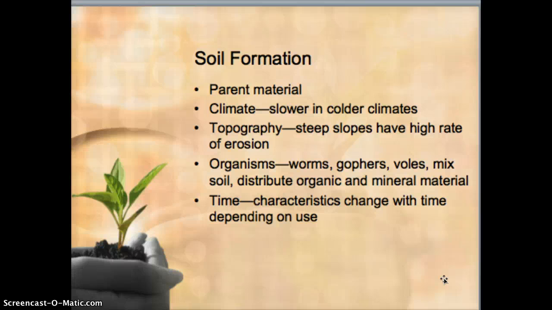We have to look at the organisms, like worms and gophers and those sort of things. They help distribute the organic matter. They help aerate the soil and put air in it as well. And time, just the characteristics change with time.